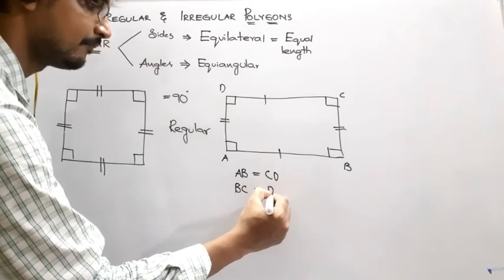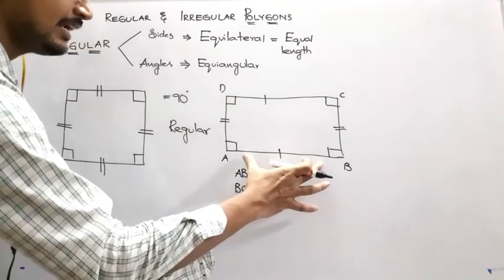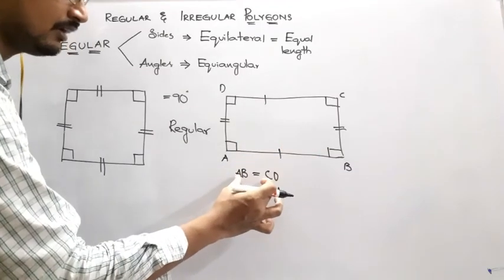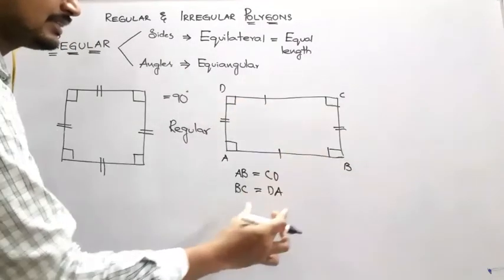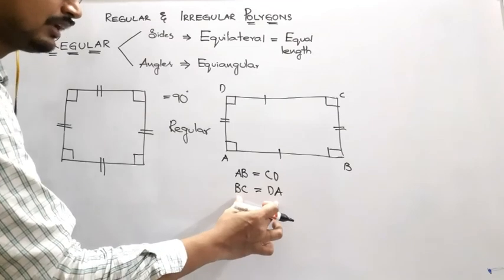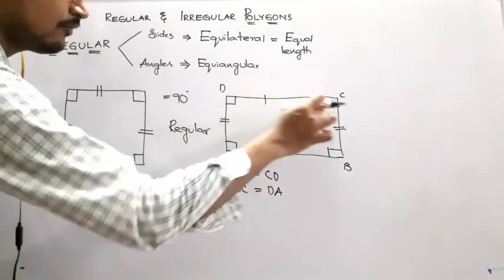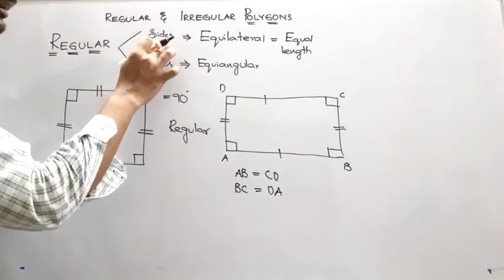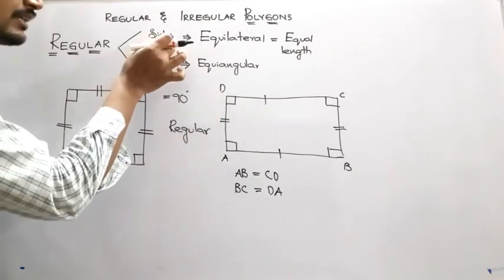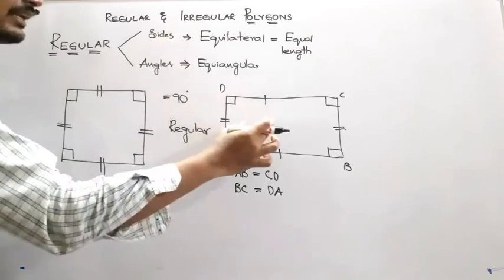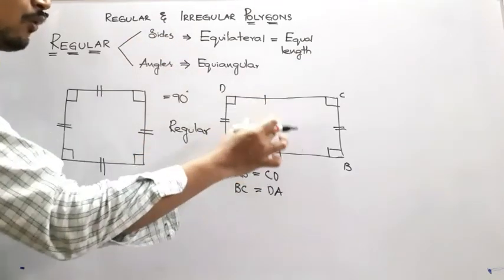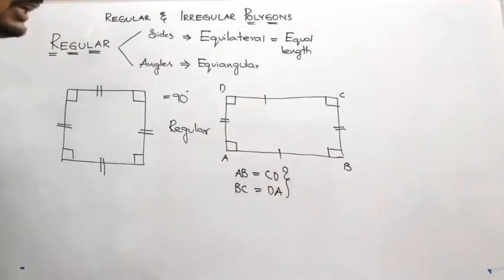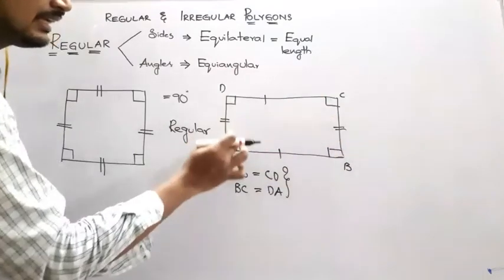That means sides AB and CD are of one length which are equal, and AD and BC are of equal lengths, but all the four sides are not equal. So we cannot satisfy the first characteristic. Only pairs of sides are equal but not all the sides, whereas the angles are equal.